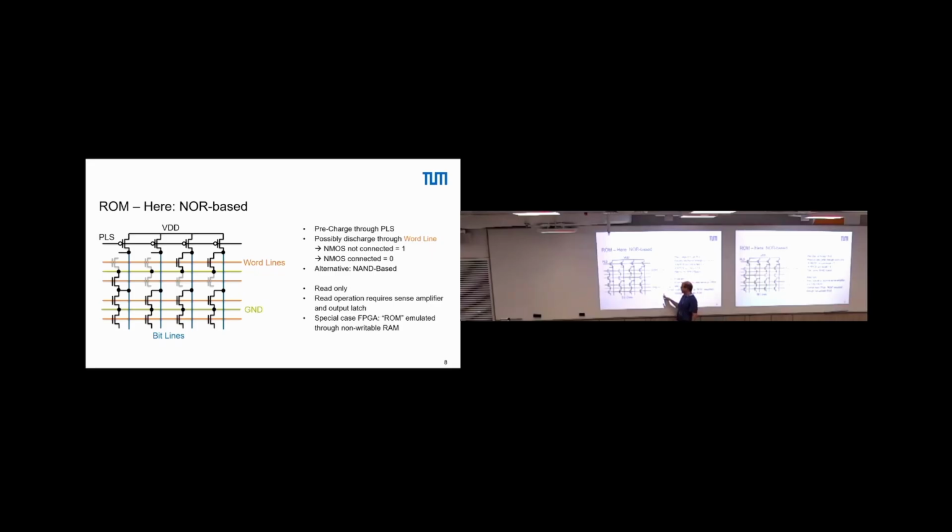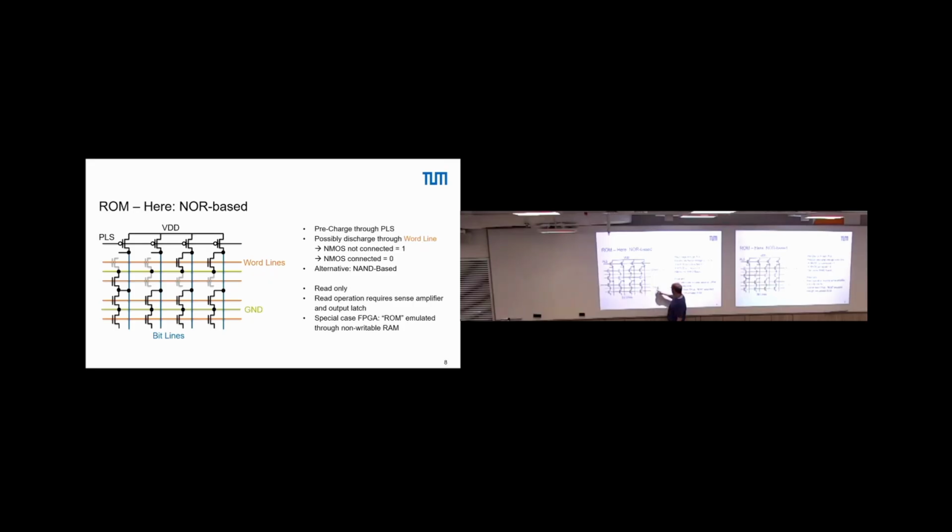We have a capacitor which is pre-charged. We do not yet have the information what is stored in the cells. How do we get this? We now enable the relevant word line. So let's say we enable this word line here. If the word line here is set to 1, in that case, we have a connection from here to ground.